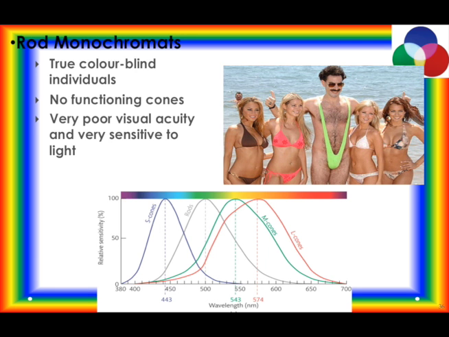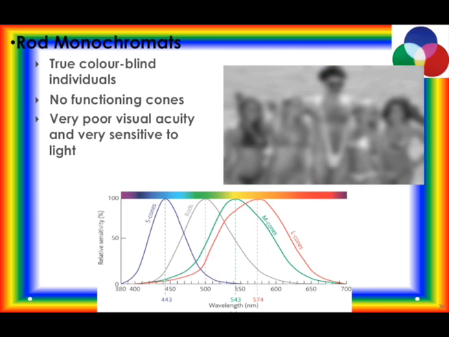Okay, I did not choose the photo, but it does show very clearly what happens with different types of color blindness. It's an interesting progression. Rod monochromats are really colorblind. They only have rods, no functioning cones. So that's what it looks like when you're a rod monochromat.